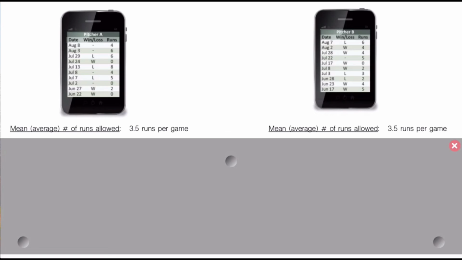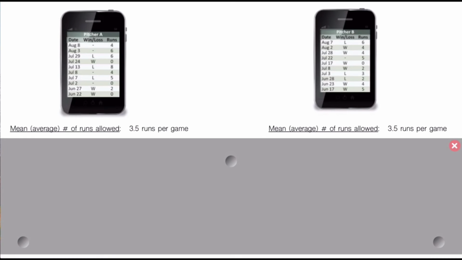How do I know which one's better than the other? What's another measure that could help me? Well, the mean absolute deviation is going to tell me which person has less variation, which person is more consistent.